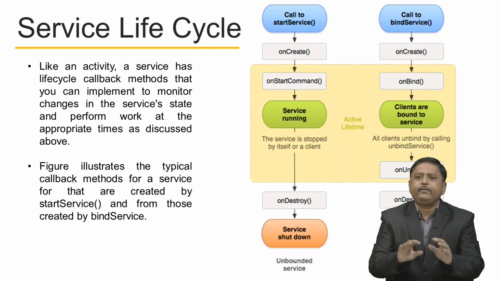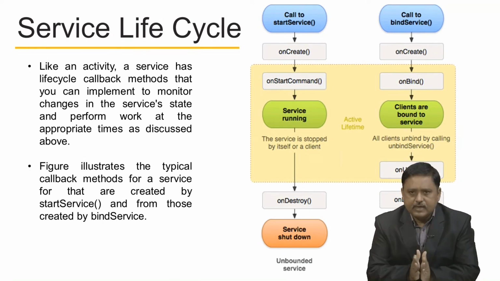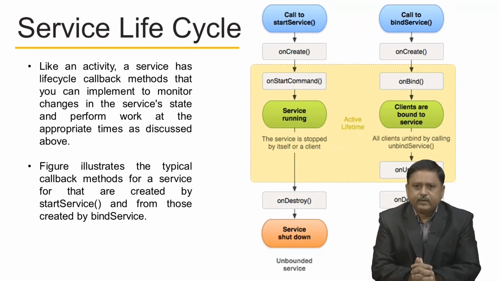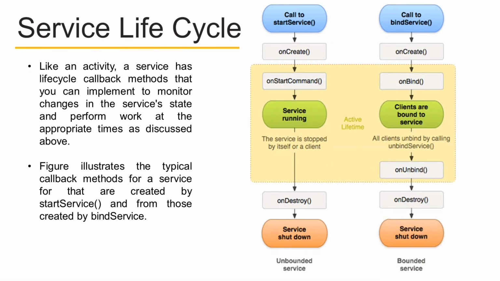There is a little difference between a service created by startService and one created by bindService. When you call the startService method, first the onCreate method of the service is called, then the onStartCommand method is called, and we can say the service is running. When the service is stopped by itself or by a client, its onDestroy method is called and the service shuts down. This is the case of an unbounded service, or a service started by the startService method.